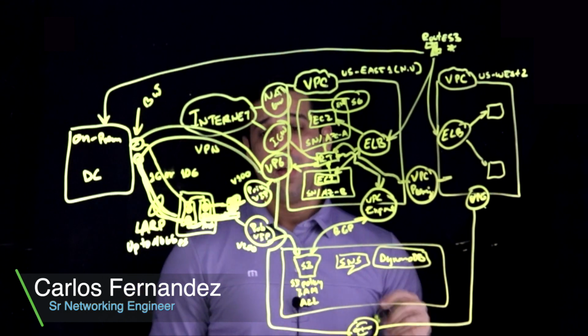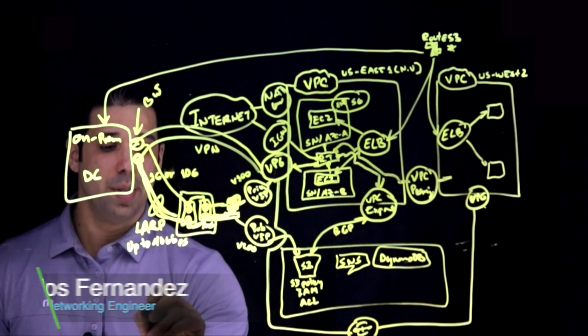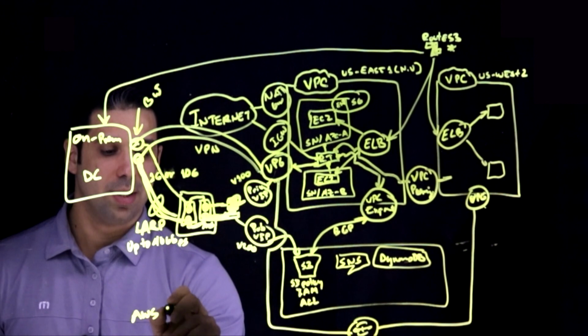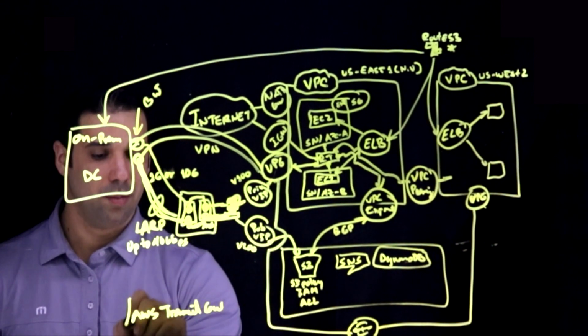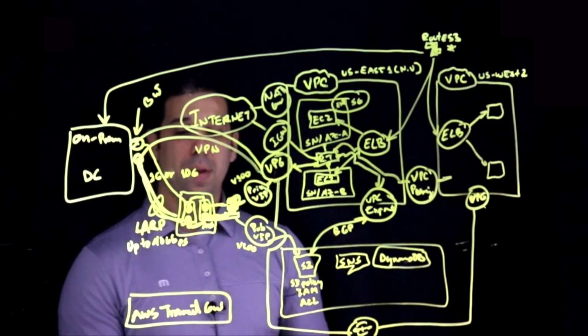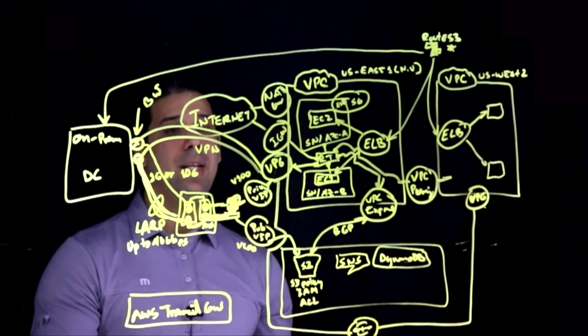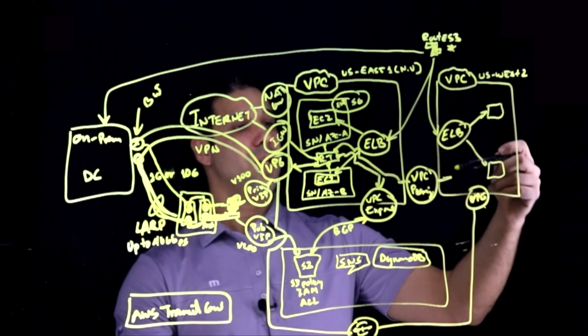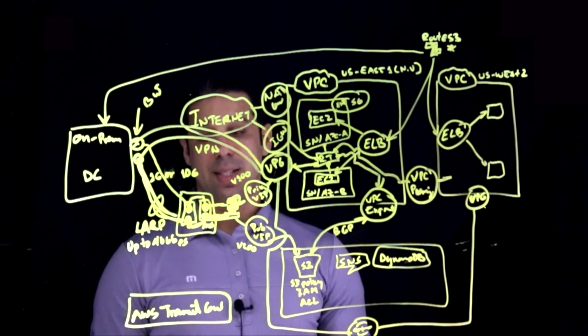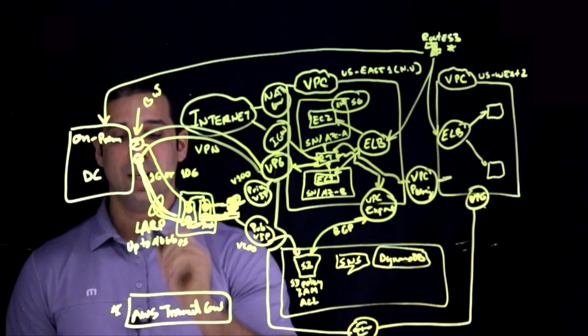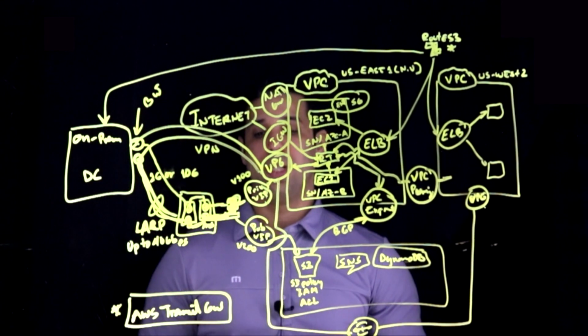AWS released 3 weeks ago a service called AWS Transit Gateway. And with AWS Transit Gateway, now we have the ability to connect to multiple regions in multiple AWS accounts. And this is kind of amazing. We're so excited to work with AWS Transit Gateway.